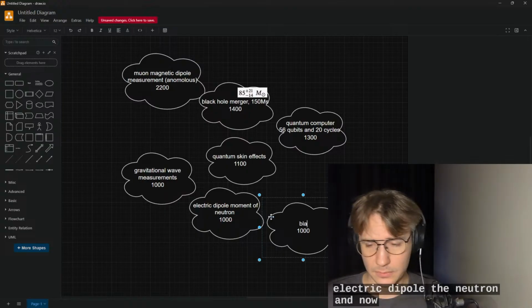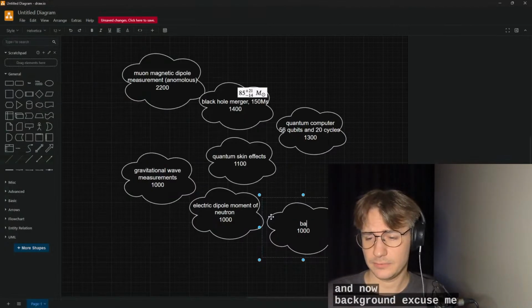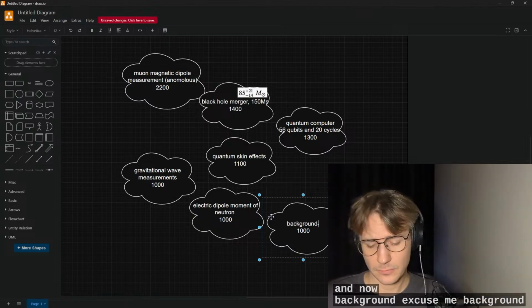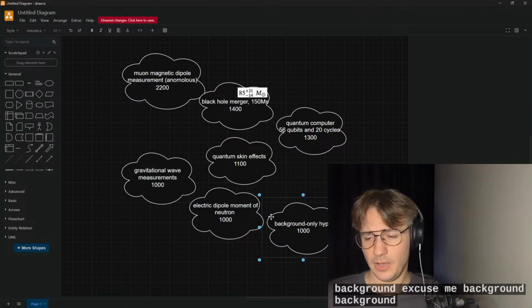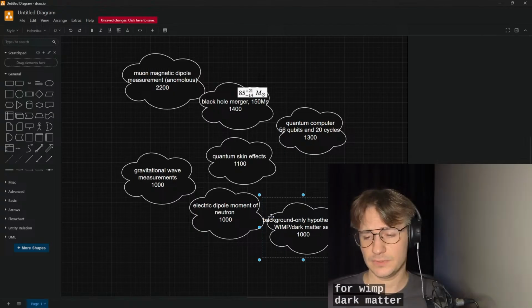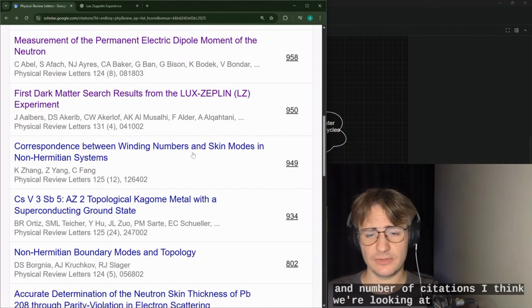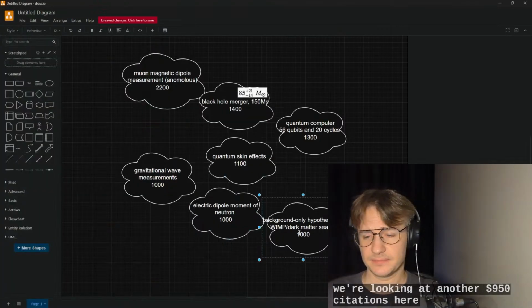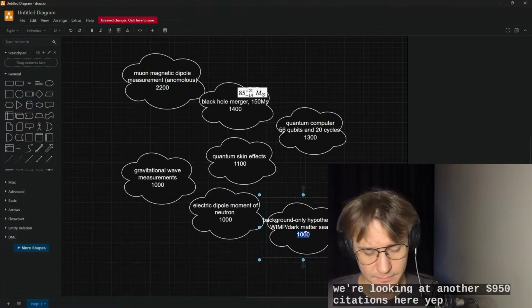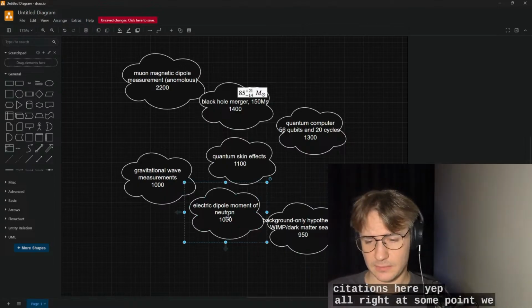And now the background-only hypothesis for the WIMP dark matter search. And number of citations, I think we're looking at another 950 citations here. All right, at some point we've got to break these down.